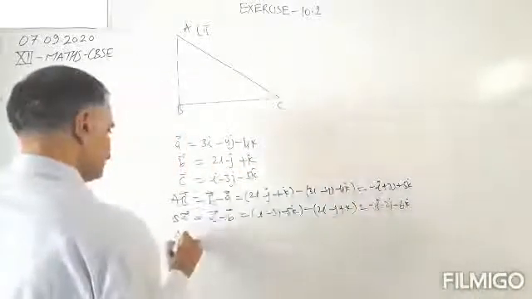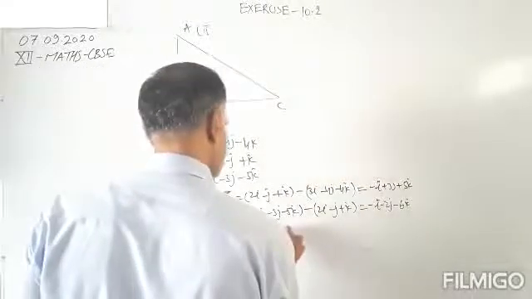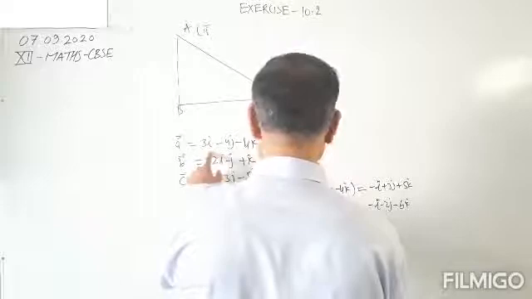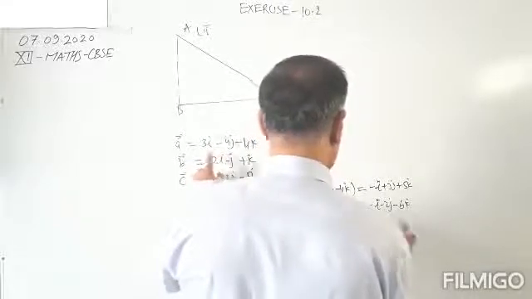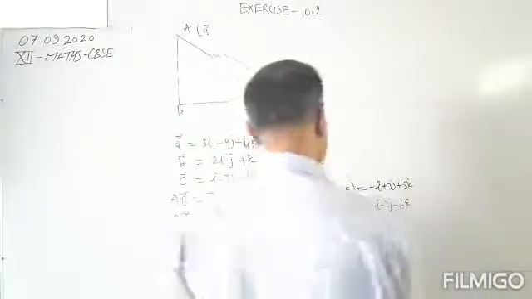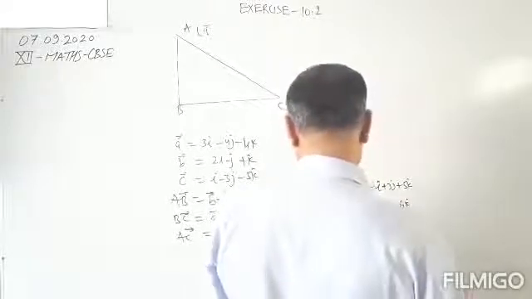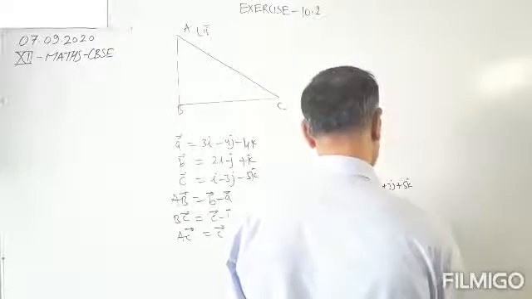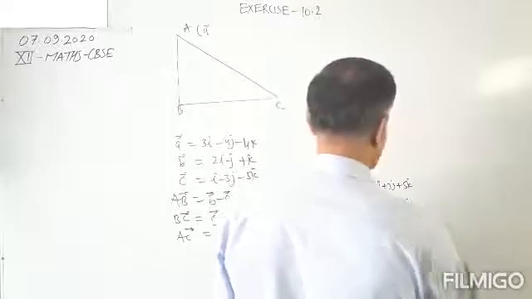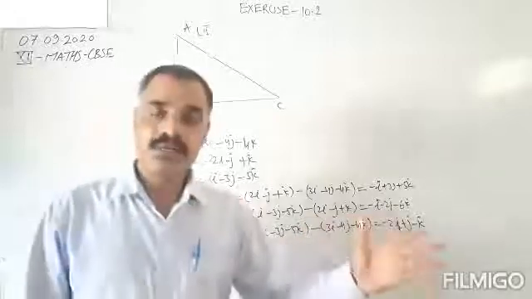Then AC vector equals C vector minus A vector, that is i cap minus 3j minus 5k minus (3i cap minus 4j cap minus 4k cap). After solving we have i minus 3i, that is minus 2i, minus 3j plus 4j, that is plus j, and minus 5k plus 4k, that is minus k cap. So these are the three sides of the triangle.